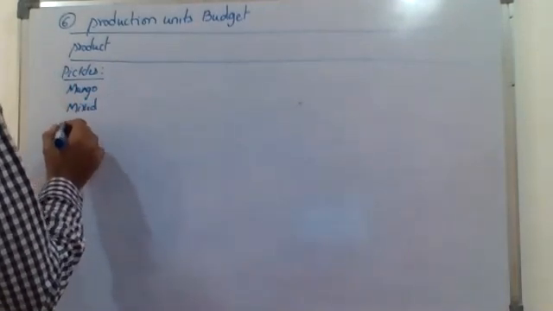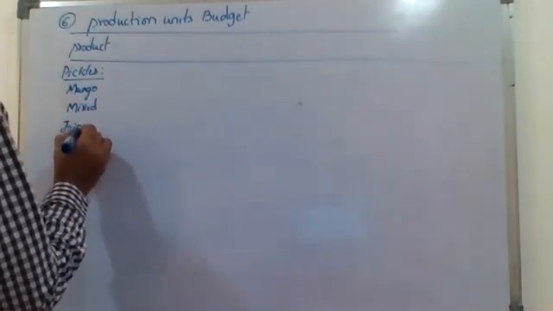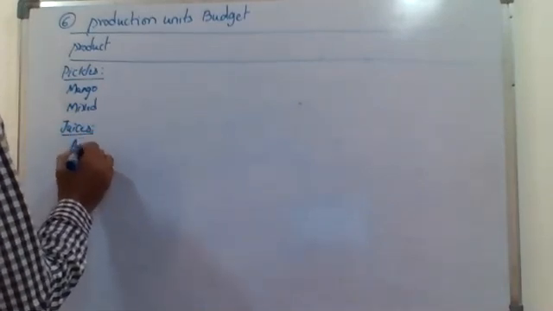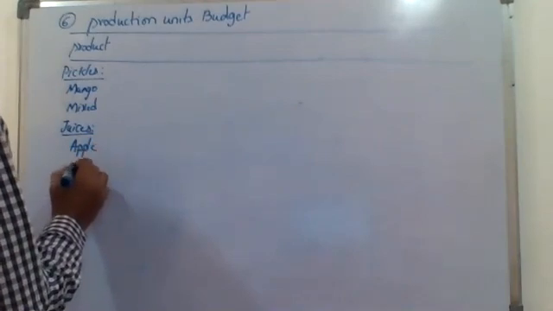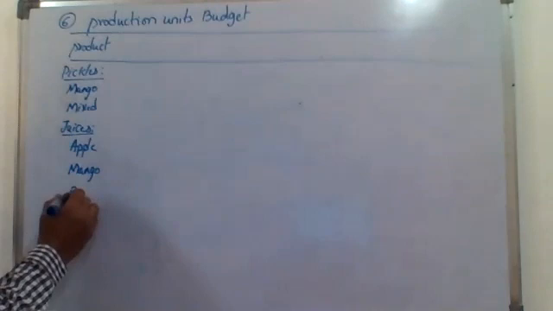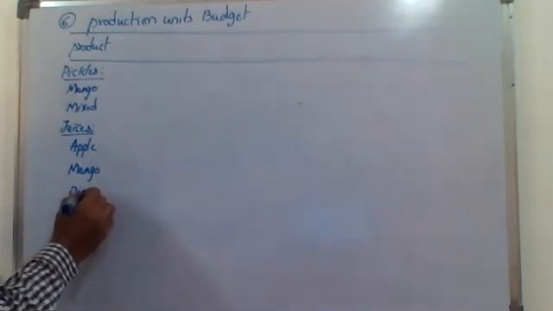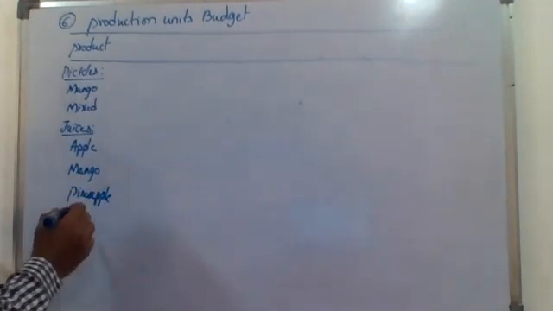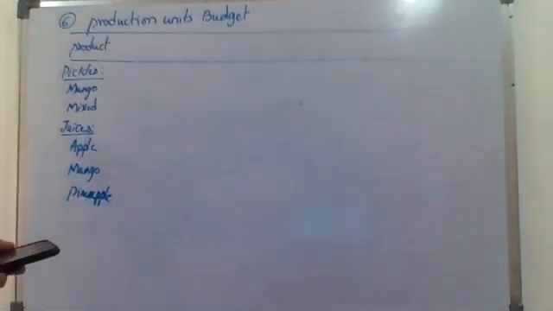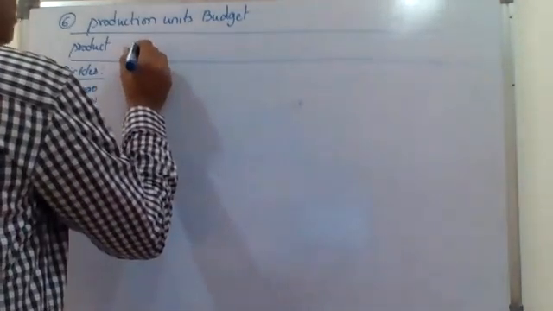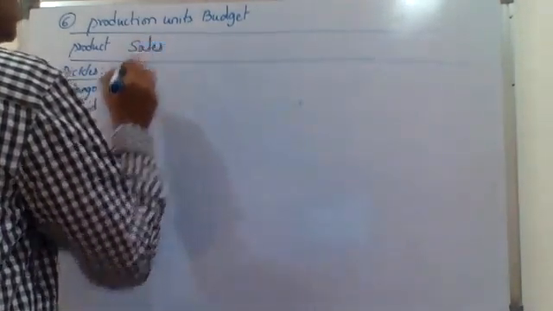Then we have juices. And then we have apple, mango, and pineapple. All right, these are the products. And how do we start with your production budget? I require sales units.